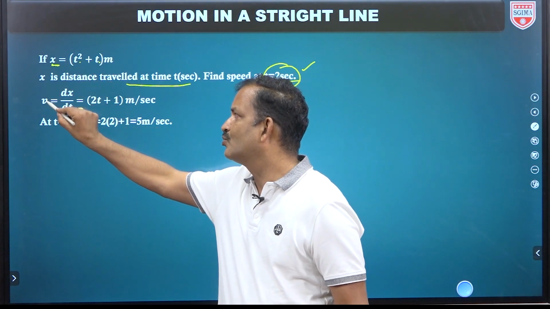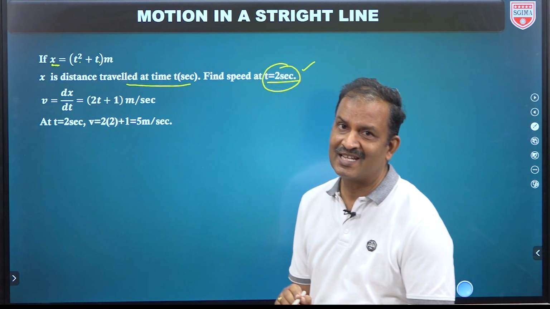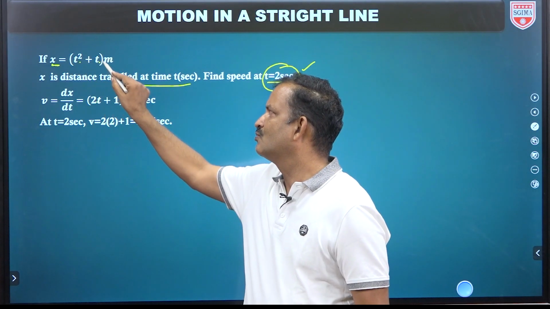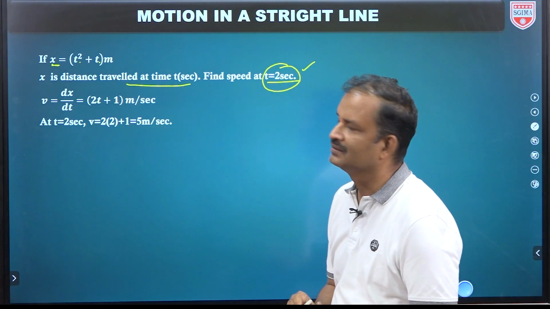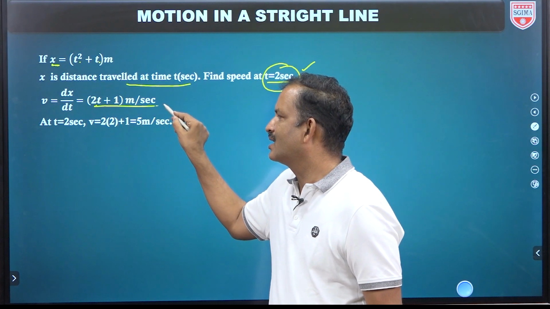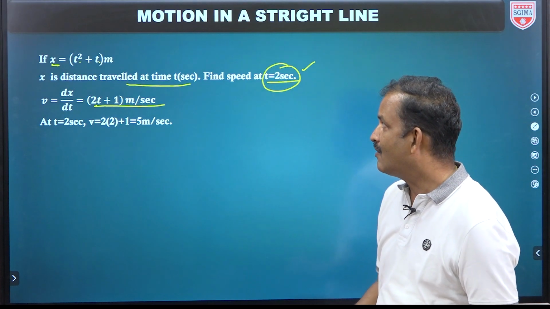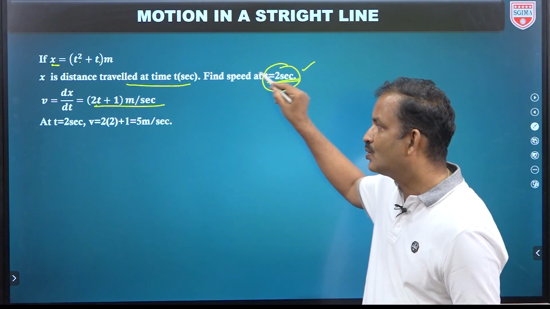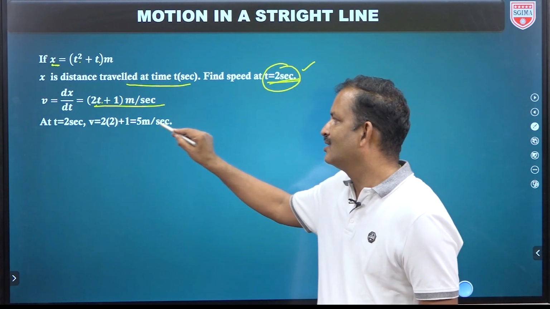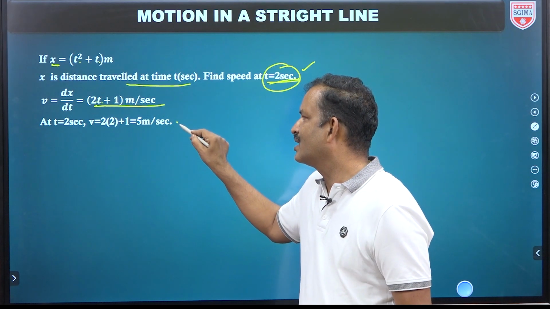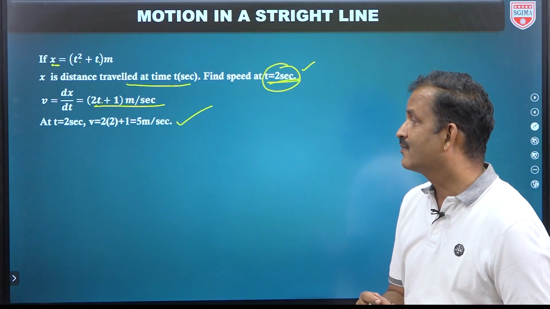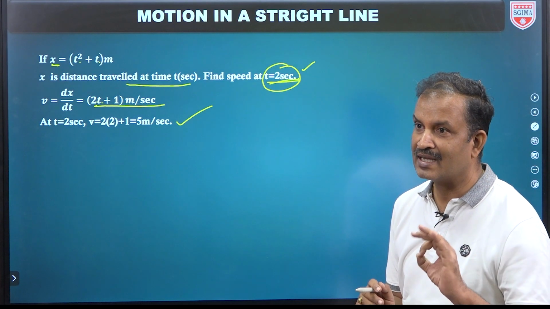For that, we have to do the differentiation, dx by dt. You will get 2t, since the differentiation of t square is 2t and of t is 1. Now I got v is 2t plus 1 meters per second. At t equal to 2 seconds, substitute t equal to 2: 2 into 2 plus 1, 5 meters per second. That is, at t equal to 2 seconds, its speed is 5 meters per second, only at that time.